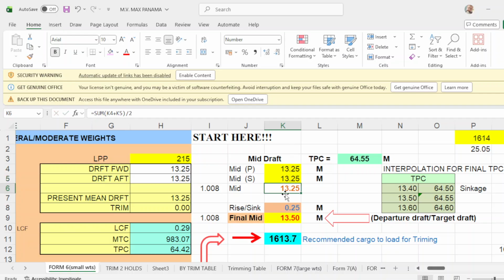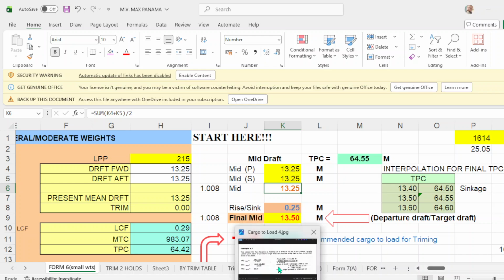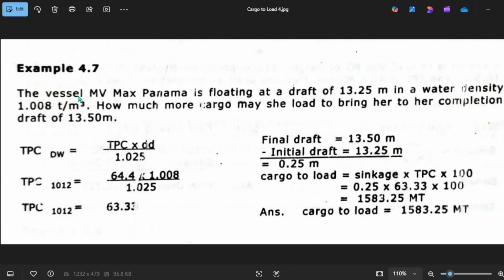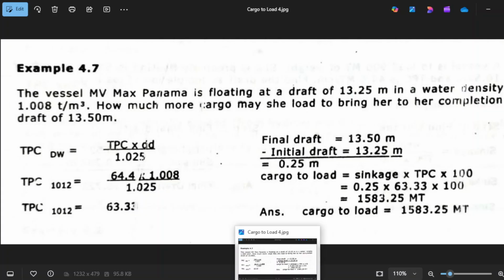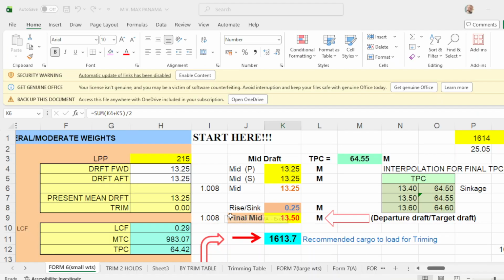So this will be your mid draft, as stated in the example or the exercise, 13.25, okay? Now, you put the density of 1.008, and at completion the density is also 1.008, okay? So you have now your mid draft.